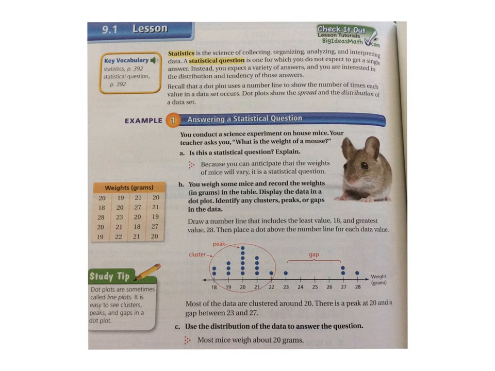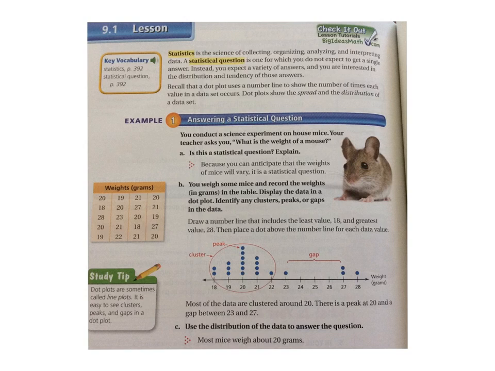Example 1, answering a statistical question. If you conduct a science experiment on house mice and your teacher asks you, what is the weight of a mouse? Is that a statistical question? And explain. Yes, that would be a statistical question because you can anticipate that the weights of the mice will vary.